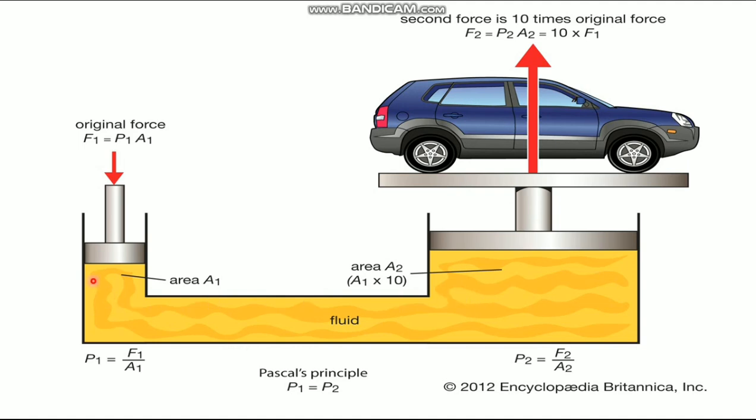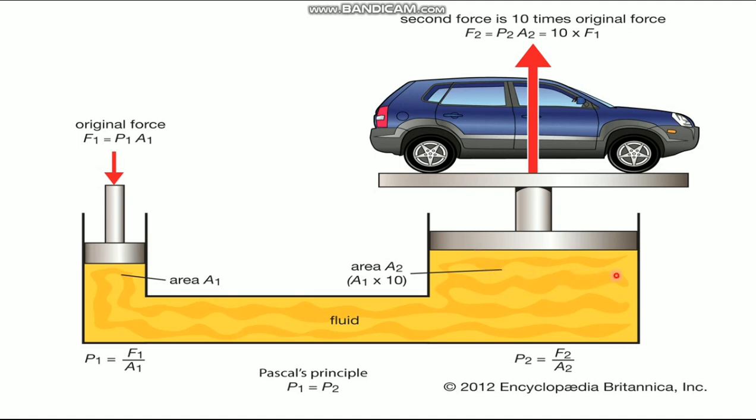Then these two cylinders are filled with a liquid. Then if you give some force in the small cylinder through a piston, a pressure will be created at the bottom of the piston. That pressure will be available in all the particles of the fluid.